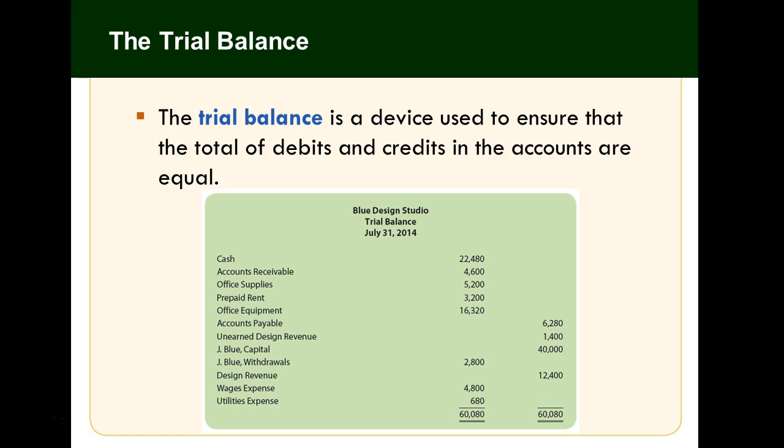After we're done at the end of the month recording all these transactions and then totaling our balances, the first step is to create a trial balance after we've posted everything. This is a trial balance, to list every account and to make sure our debits equal our credits. Does that make sense? Yes?